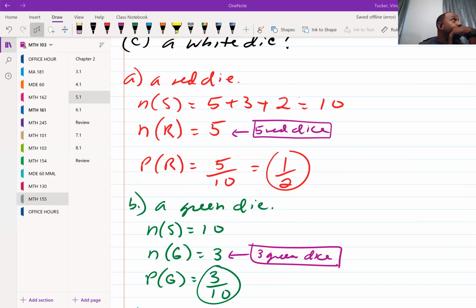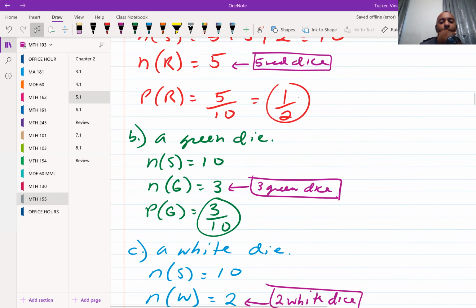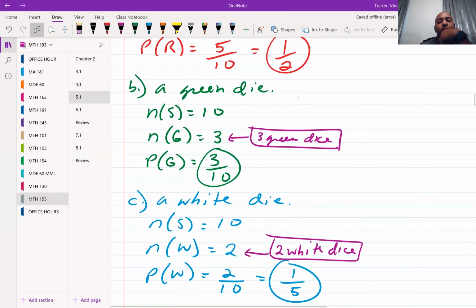Any questions? Last one. White die. There are two of them. So that's 2/10, which reduces to 1/5.